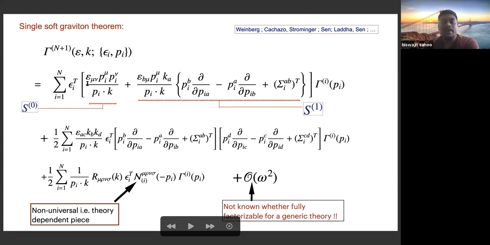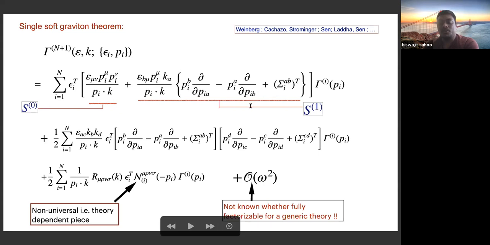You can identify the first factor as the leading soft factor, which is determined in terms of the momenta of the incoming and outgoing hard particles and the information of the soft graviton, that is, its polarization and momentum. Similarly, the subleading soft factor is given in terms of the total angular momenta of the hard particles, which involves the spin of the external particles as well.